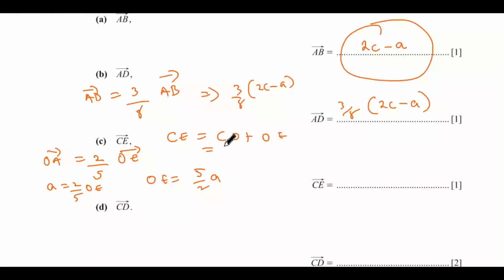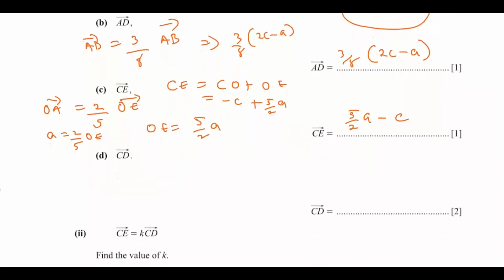We don't have CO, but we have OC, and OC is C, so that will be minus C, plus OE, which we just found to be 5 over 2 A. So you can rewrite this as 5 over 2 A minus C. That is the value of CE.